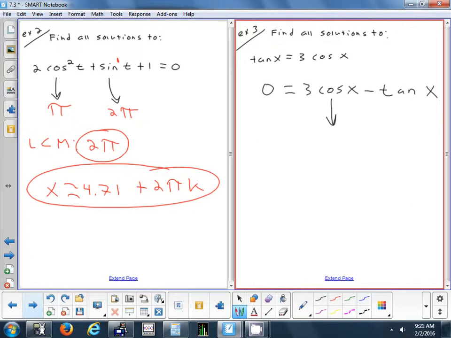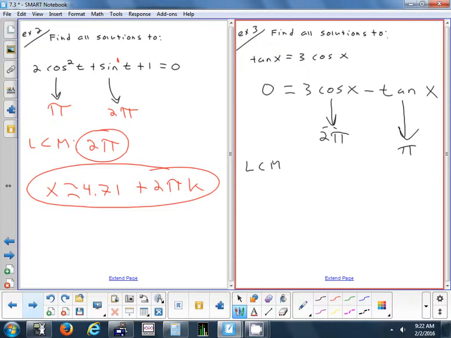Okay, what's the period of cosine? 2 pi over b, in this case b is just 1. What's the period of tangent? 2 pi? Nope, not 2 pi. Oh, no. Pi over b. In this case, b is 1. Okay, so pi.